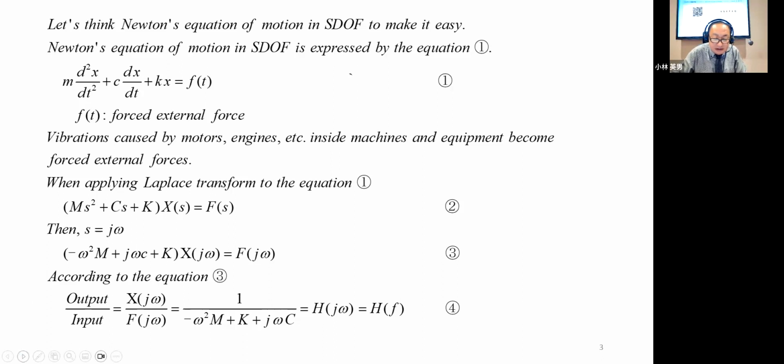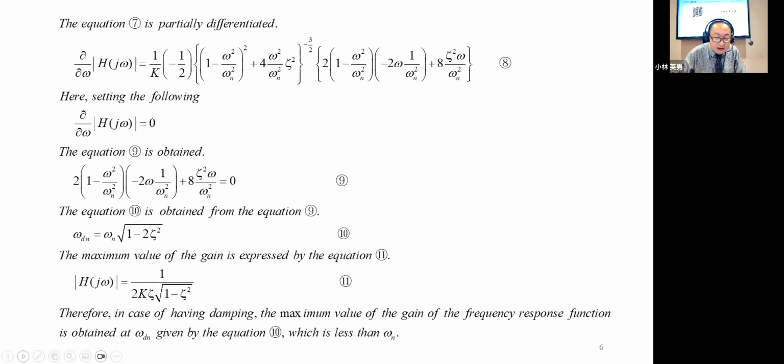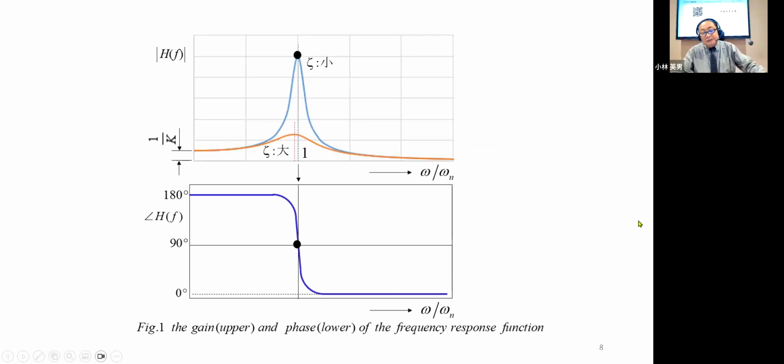So using the measured FRF, okay? We get gain and phase. And on the screen of FFT, we can write this gain figure and this phase figure.